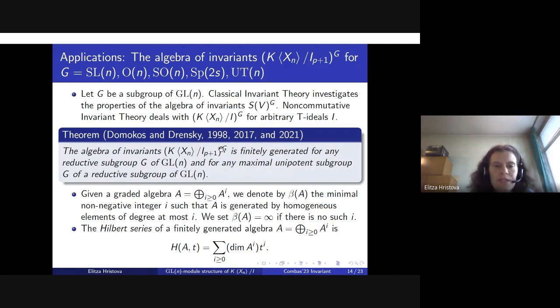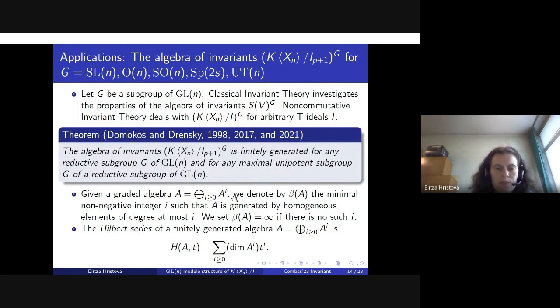And the explicit groups G that will appear will be these classical groups listed above. So the first 4 of them are reductive subgroups of GLN, and the last one is the subgroup of upper triangular matrices with ones on the diagonal. This is a maximal unipotent subgroup of GLN.